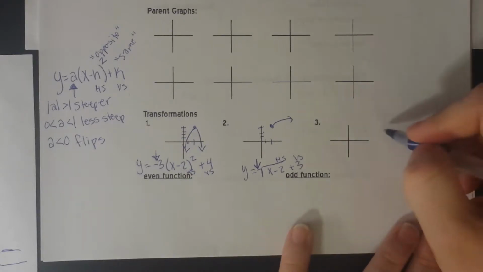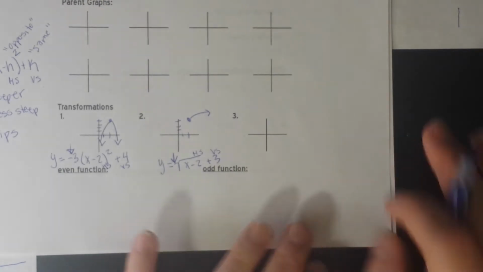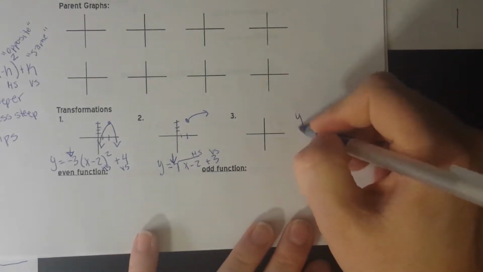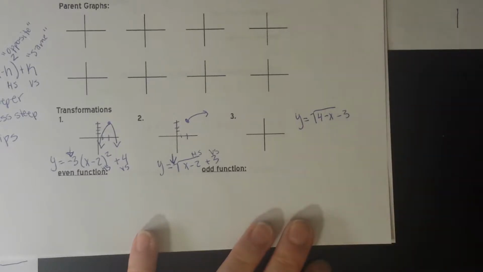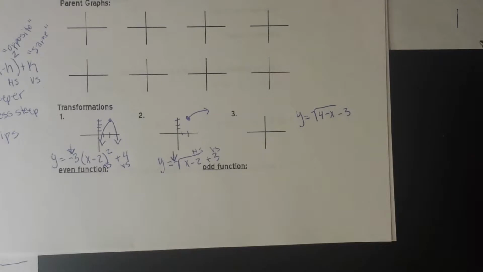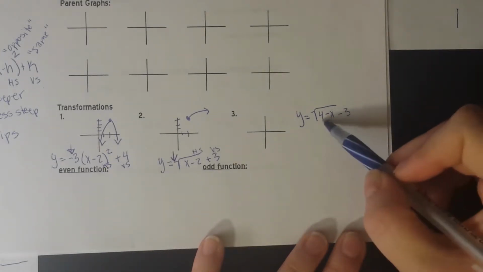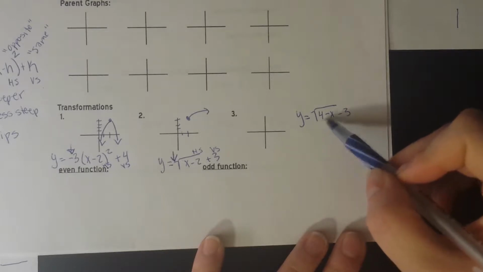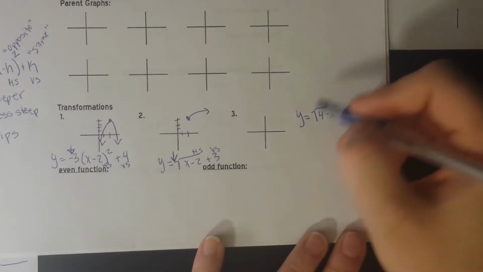Okay, next function I'll put out here. Y equals square root of 4 minus x, minus 3. Now with this one, underneath the radical, you can see that it's not in the standard order that we're used to.